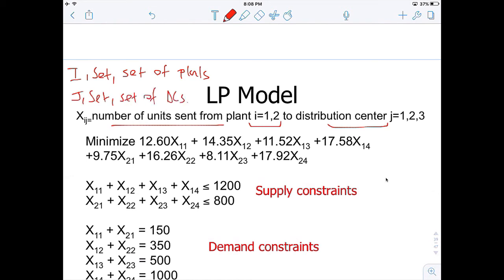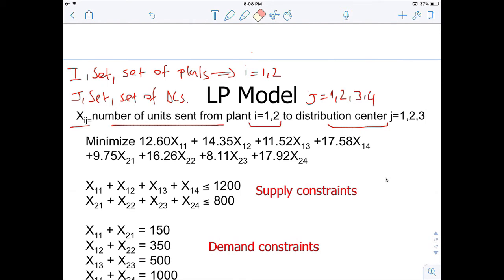For little i we index over only two plants, and for little j we have four distribution centers. Xij then gives us the number of units sent from plant i to distribution center j. For example, x12 means the number of units from plant 1 to distribution center 2.